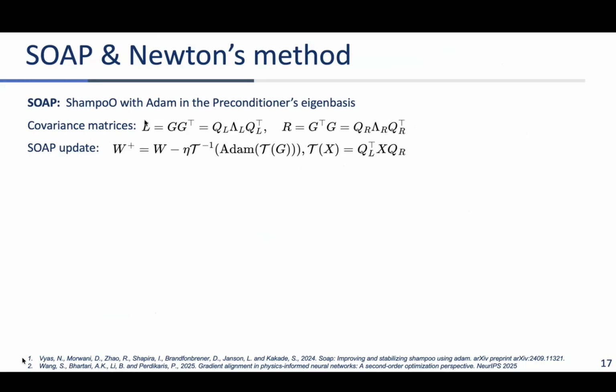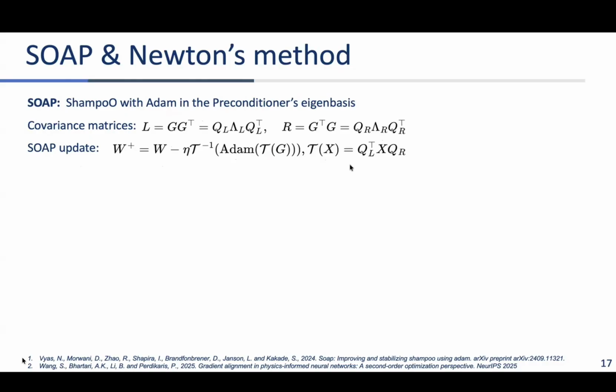At each iteration of gradient descent, for the weight matrix W_t and the corresponding gradient J_t, SOAP maintains two covariance matrices L and R, and at each iteration, SOAP applies Adam in the rotated space defined by the eigenvectors of those covariance matrices, where we use this transformation T of X to project the parameters in the original space to the rotated space.